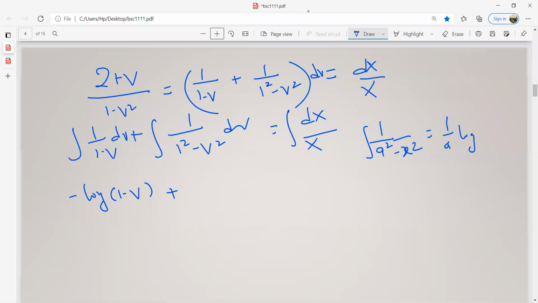Sorry, here the formula is x square minus a square, this way.